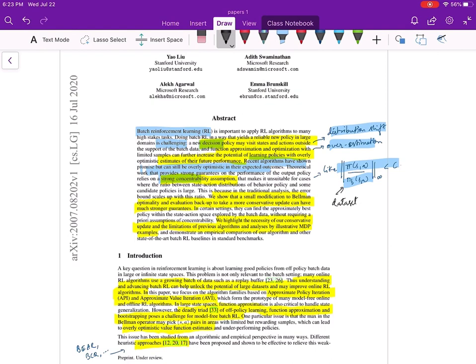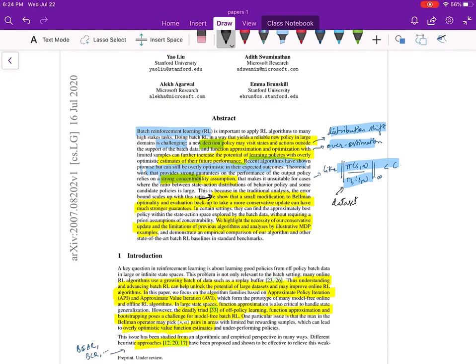Here they show a small modification to the Bellman optimality and evaluation backup. They use some of the intuitive ideas from papers like BCQ, but there is a strong theoretical contribution in this paper.